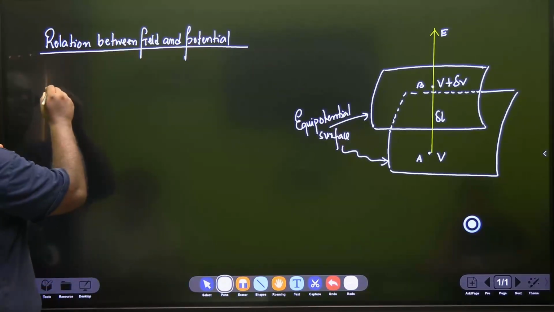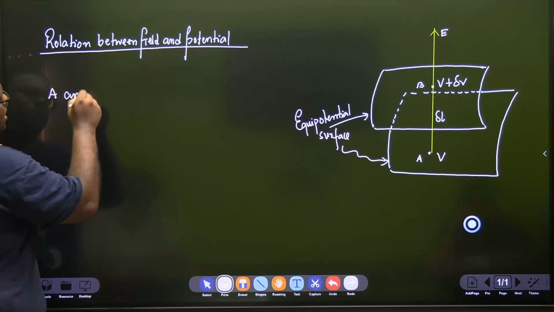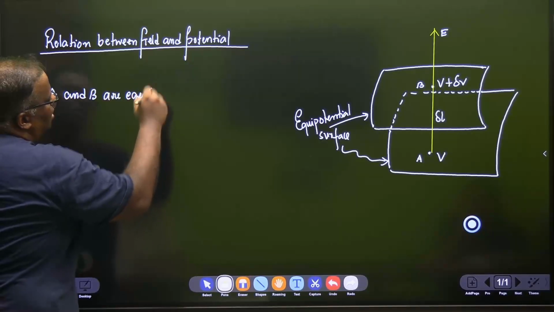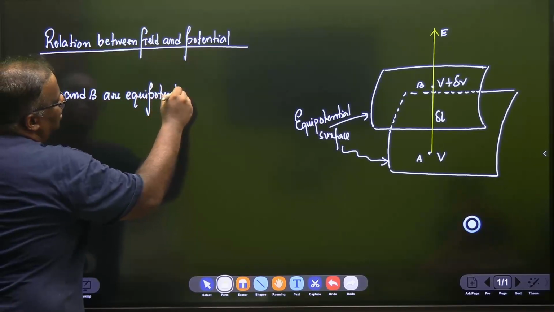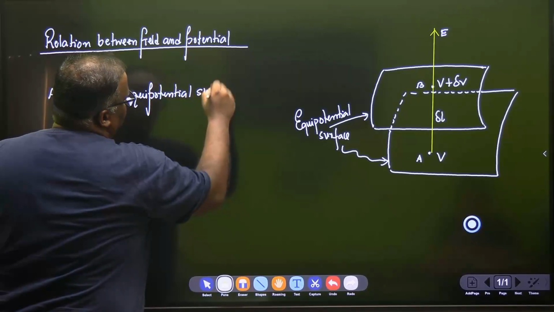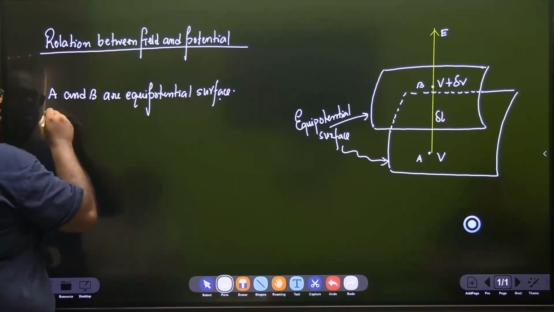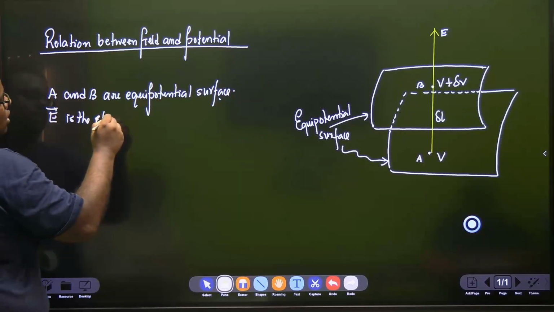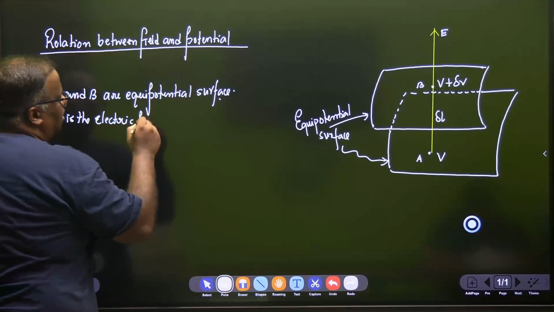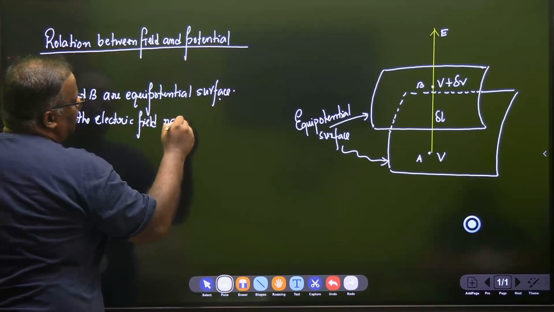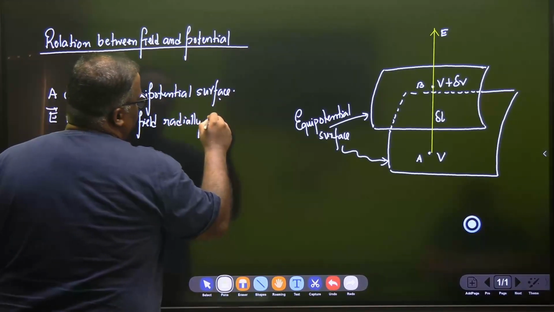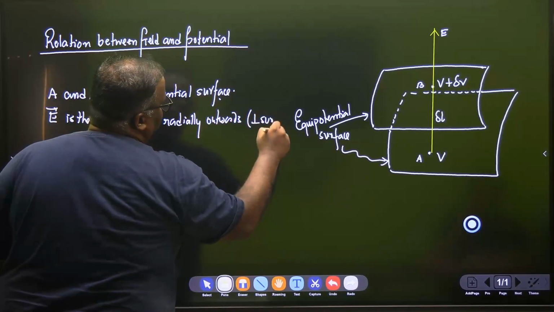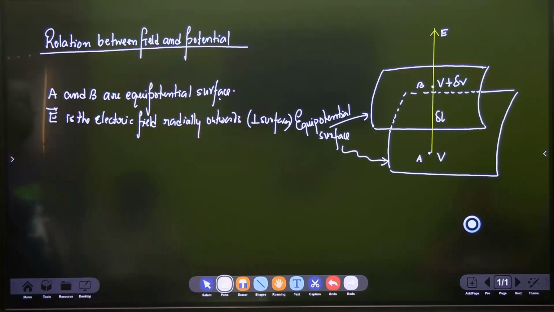So we say A and B are equipotential surfaces, E is the electric field radially outwards, and bracket you can say normal to the surfaces. Children, is this much clear or not?